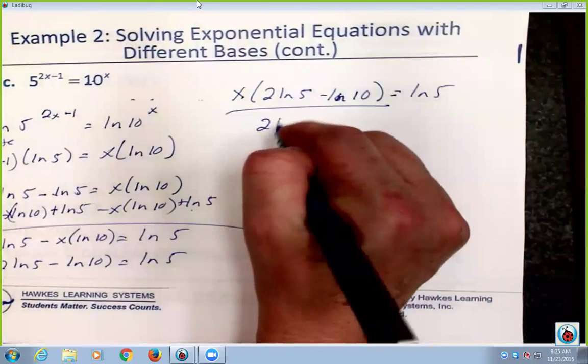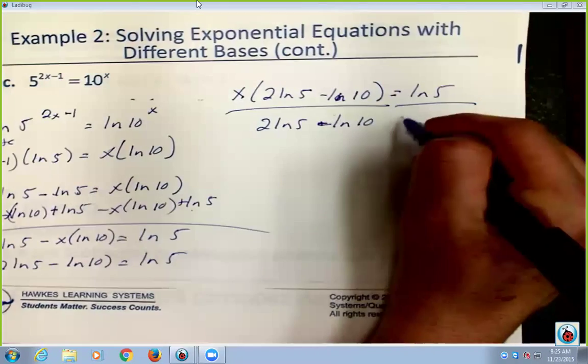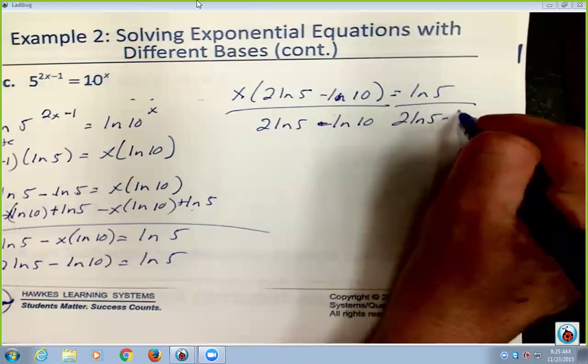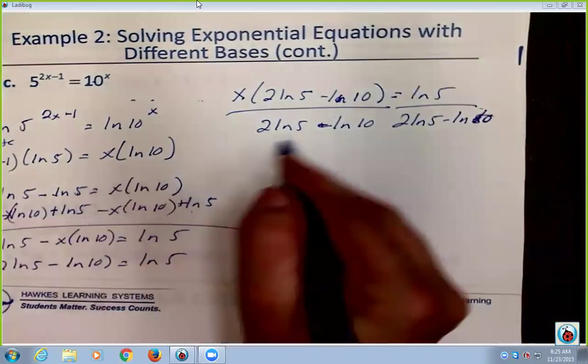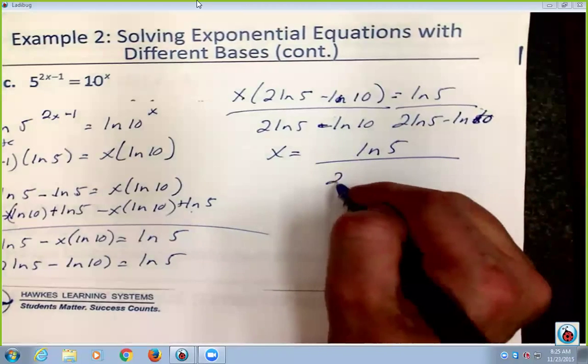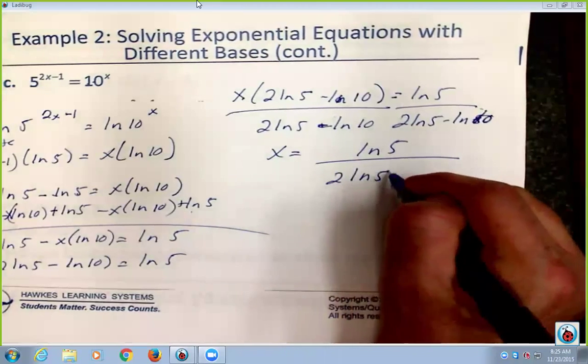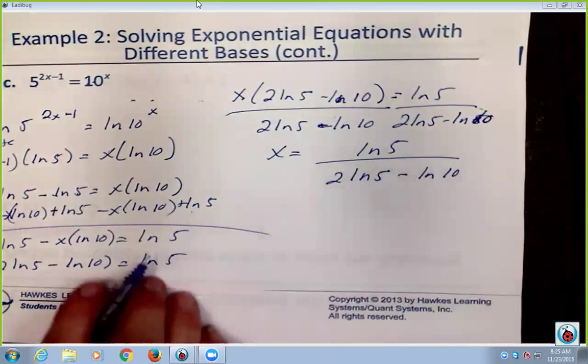Divide off 2 ln 5 minus ln 10. And then I find that x is equal to ln 5 divided by 2 ln 5 minus ln 10.